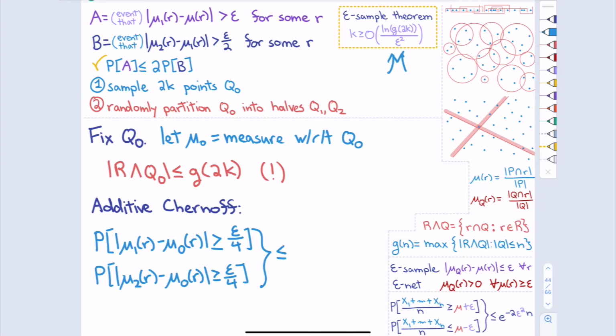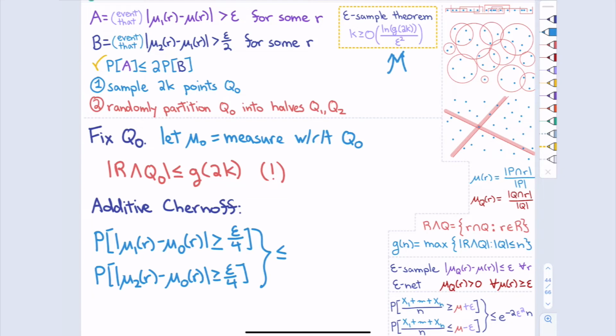In particular, if two ranges in the original set have the same intersection with Q0, they're basically going to have the same behavior here, because I've now fixed Q0 and I'm comparing to mu0 of R, and I'm just worried about when I divide the points into half, what will mu1 of R be and what will mu2 be?